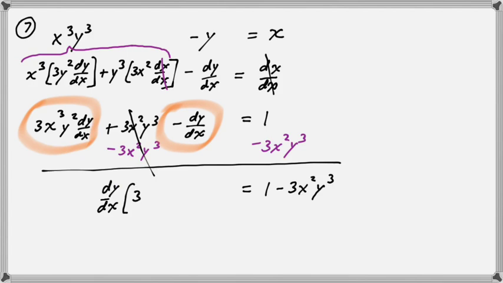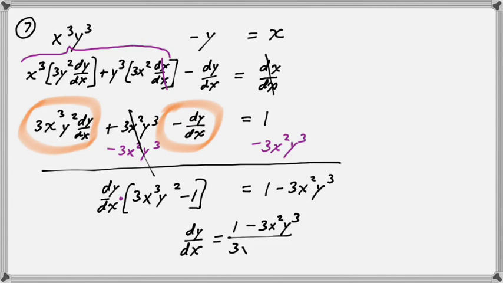If I take it out, I'd have 3x³y² minus 1. If you distribute, you'd get what's circled in orange there. Now again, the opposite of multiplying is to divide. So dy/dx is going to be 1 minus 3x²y³ over 3x³y² minus 1.